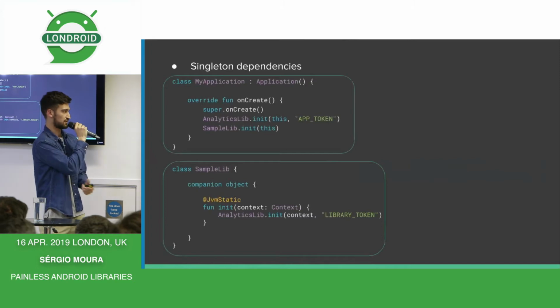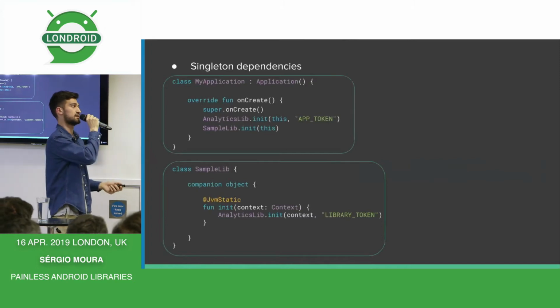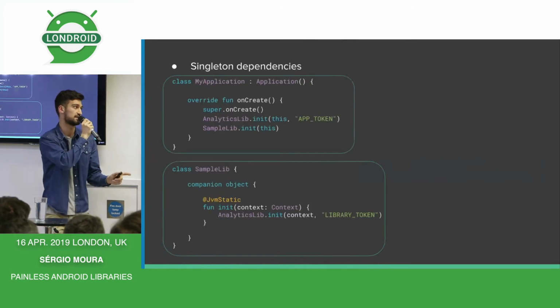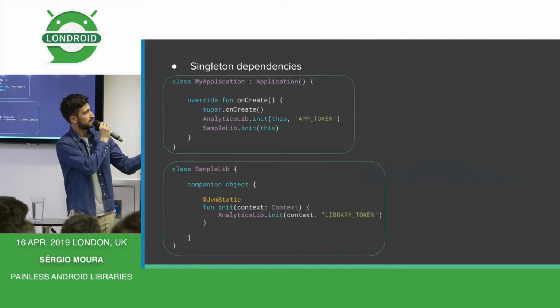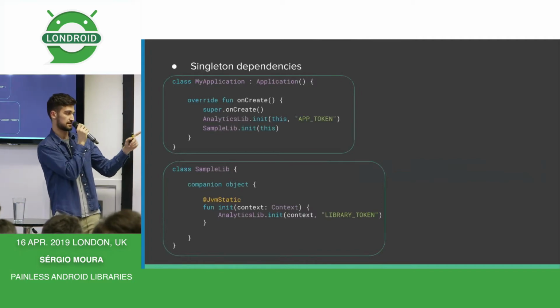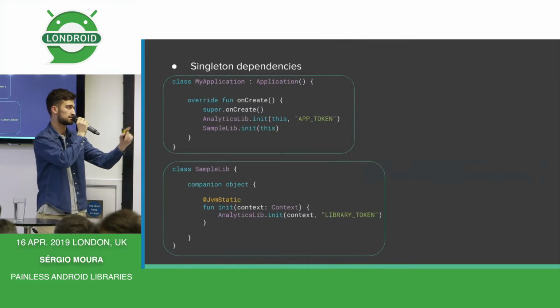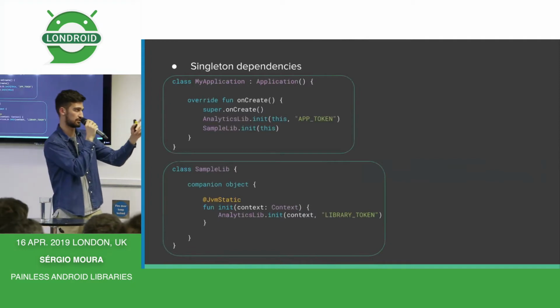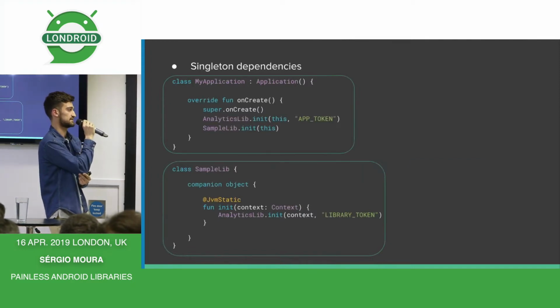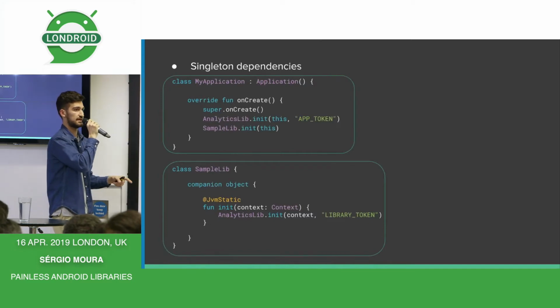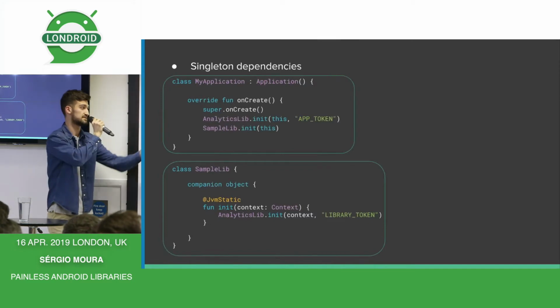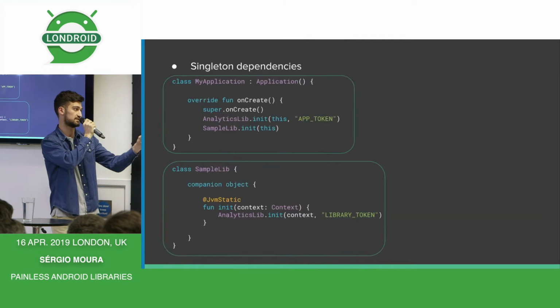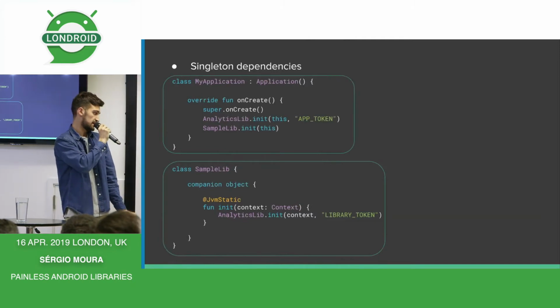So on the top block, you have an application, and in the onCreate method of the application, basically, they are initializing some analytics library using the context, using some token, the app token for the analytics library. And on the second line, they are using the library you develop, this samplelib, using the samplelib.init with the context as well.